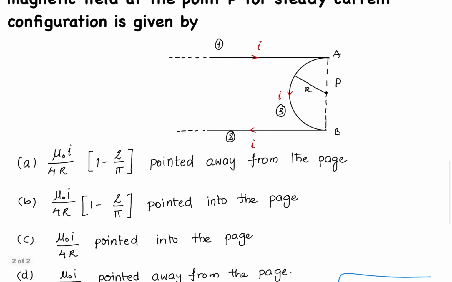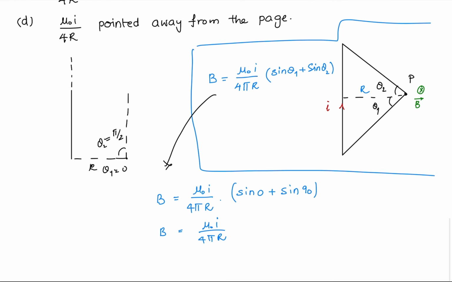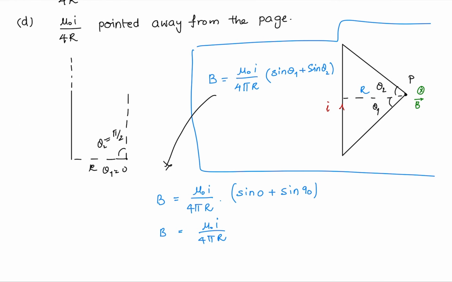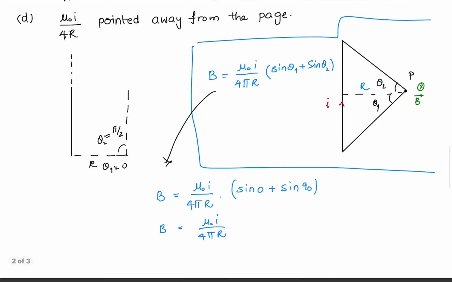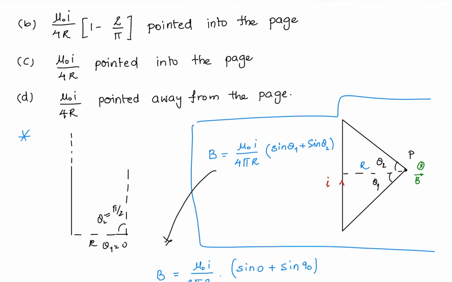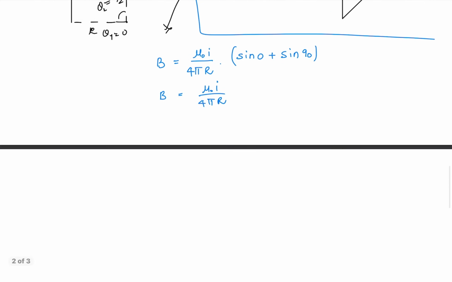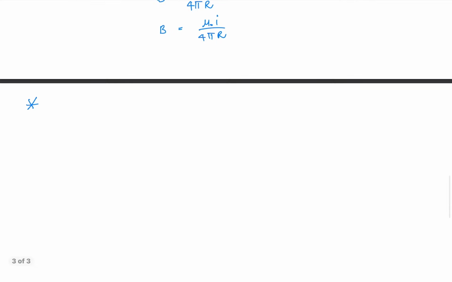And there is one more case here, which is a semicircle. So in general, if we have an arc of radius r, and we have to calculate the magnetic field at the center, let us discuss the concept behind it first.